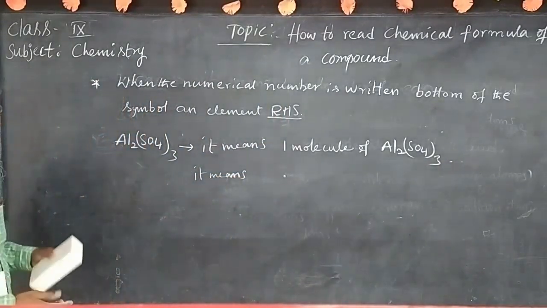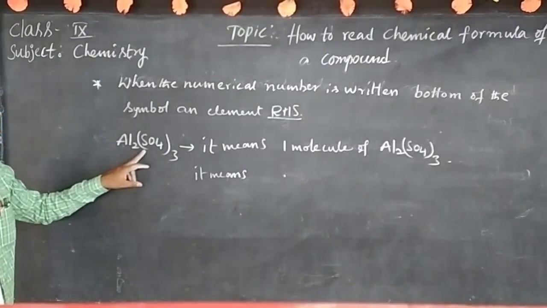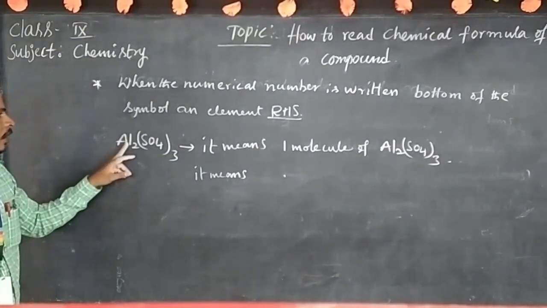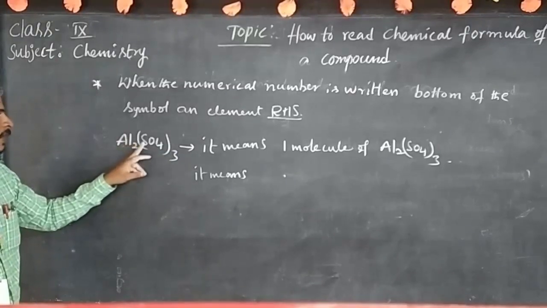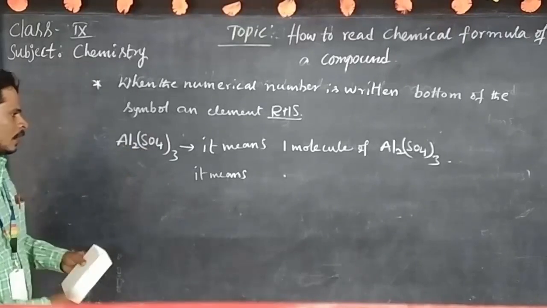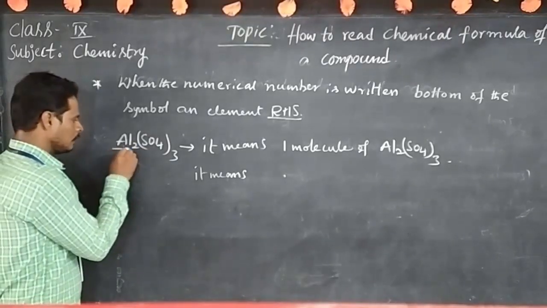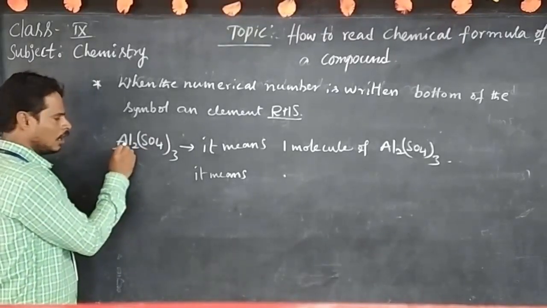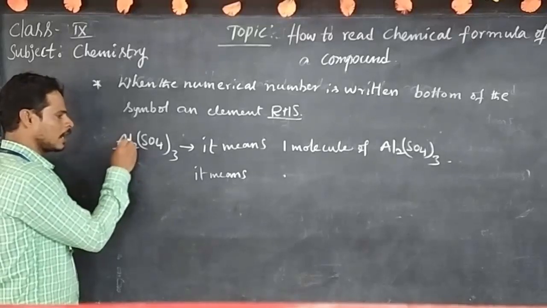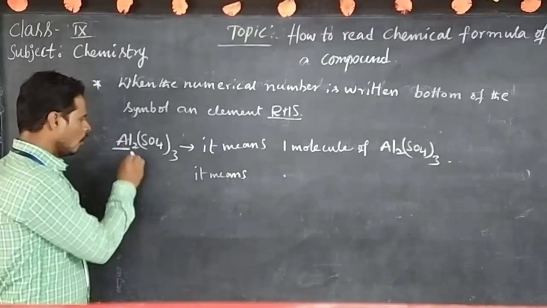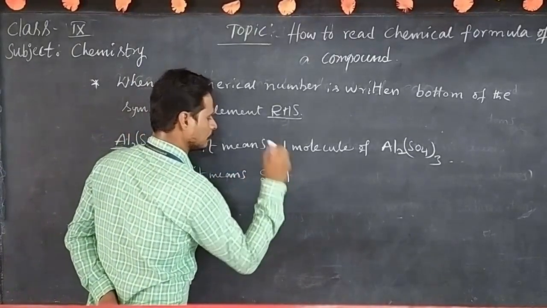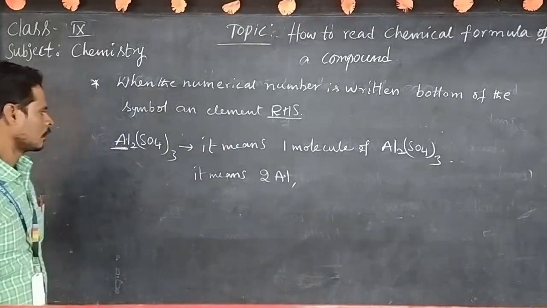Here observe, one molecule of aluminum sulfate contains how many aluminiums, how many sulfurs, how many oxygens? We can identify. Aluminum is there. Beside aluminum, how much number is there? 2. That's why this number tells about the number of aluminum atoms. 2 aluminum atoms. 2 Al.